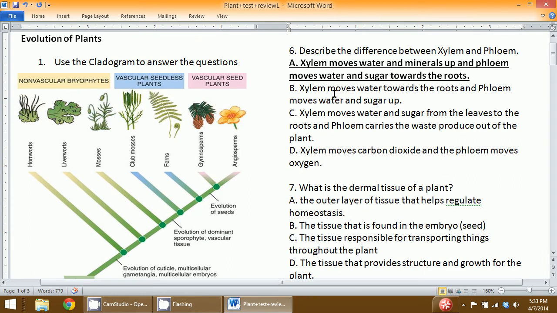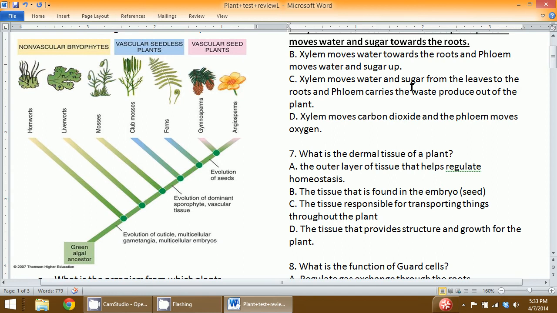All the rest of these, water moves towards the roots. No, water is going to go through the xylem up the plant. It'll come back, some of it will come back down through the phloem. But again, the phloem is going to flow down the plant towards the roots and feed the roots. The xylem moves water from the leaves to the roots. Again, we're going the wrong way. Phloem carries the waste product out of the plant.